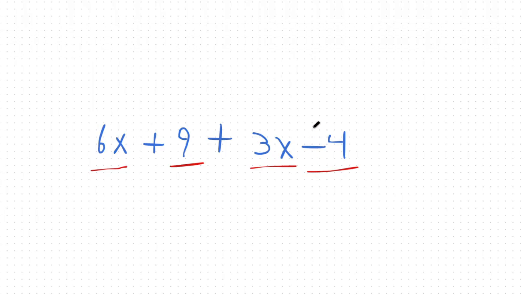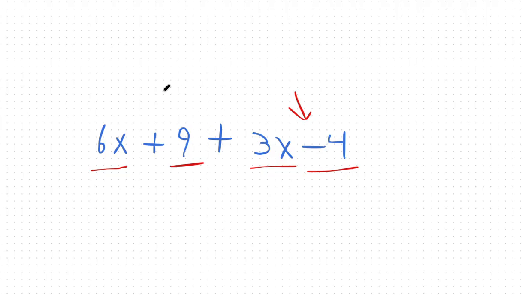So again, this is a negative term here. So it's important we remember what that means. A negative term, this is all together, negative 4. All right, we have two positive terms with variables.